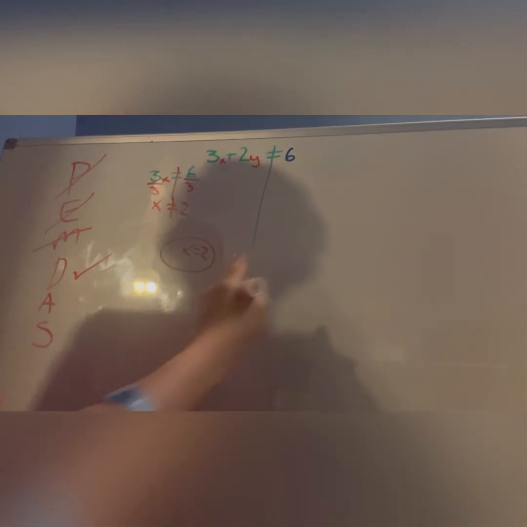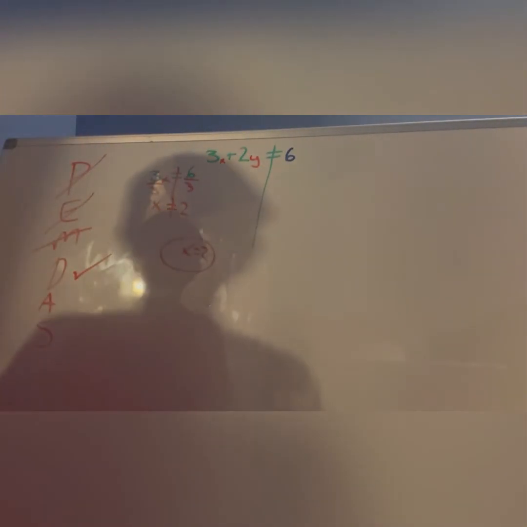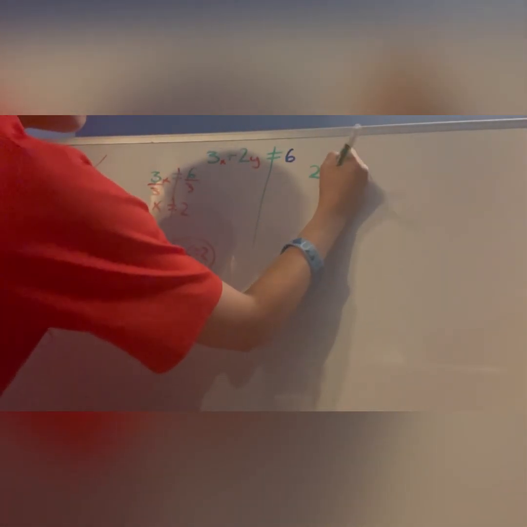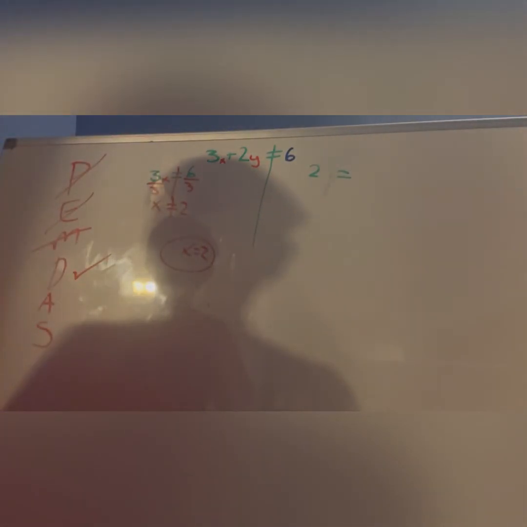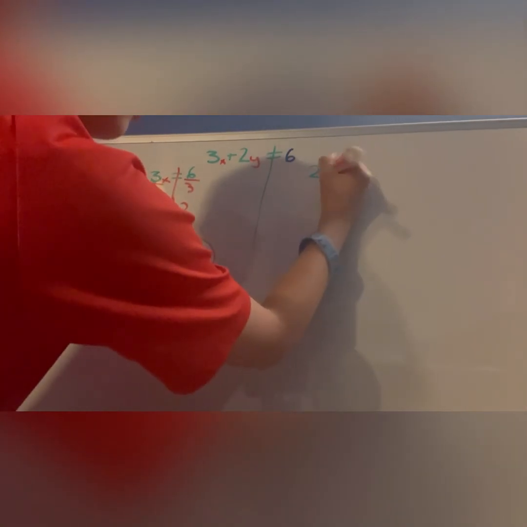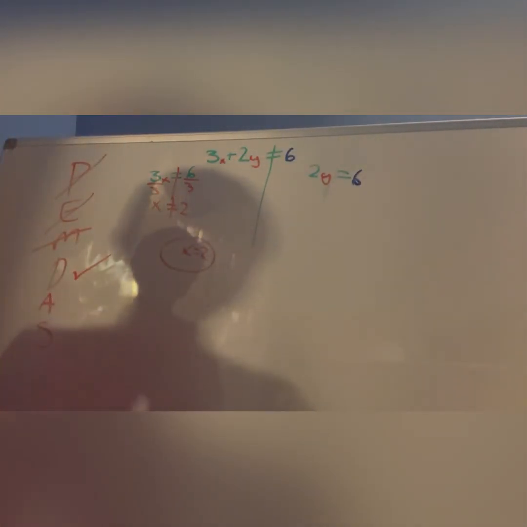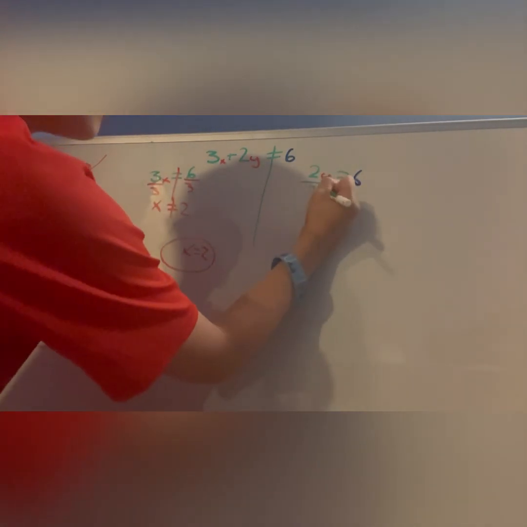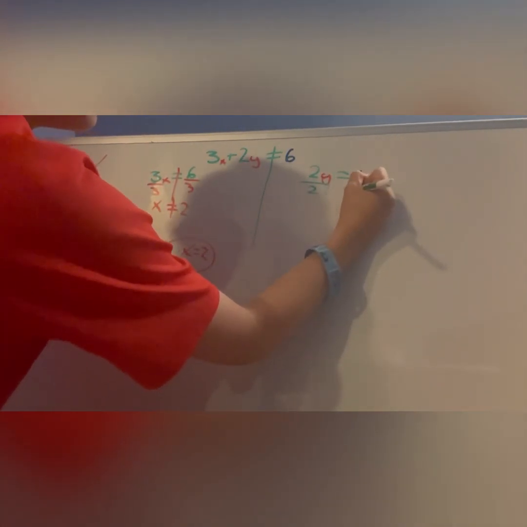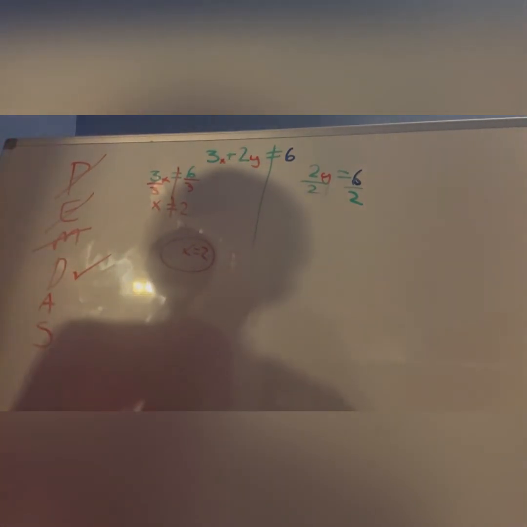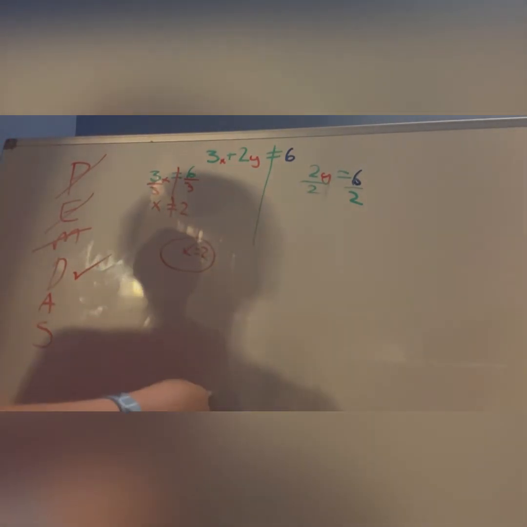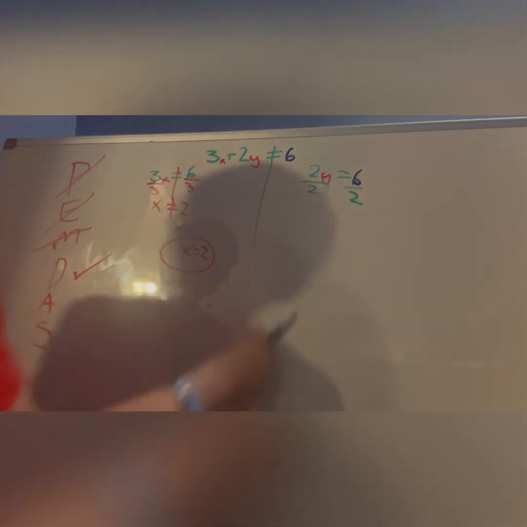Alright, and then on this side we'll do 2y equals 6. What's 2 divided by 2? It's 1. Anything divided by itself will always be 1, no matter what.